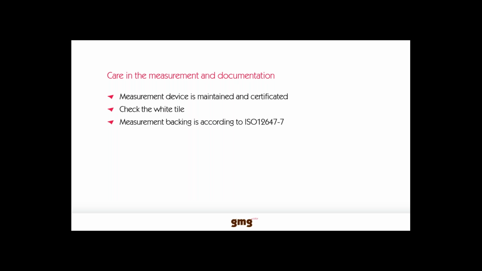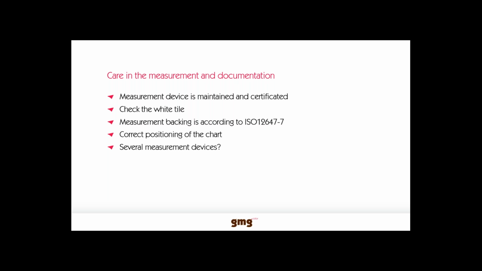Check if the measurement device and the white tile match together. That's important if you have several devices of the same type. Then you should use a correct white backing according to ISO 12647-7, for example, 2 sheets of GMG CMIMAT 250 proofing paper. And you should check the correct positioning of the test chart, especially if you use an XY table like the i1iO.